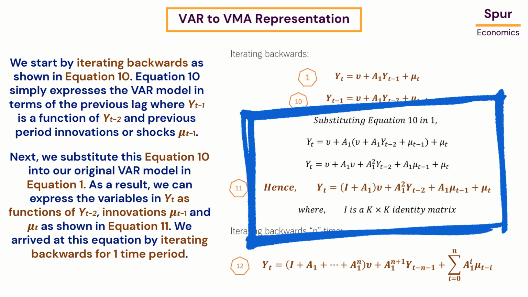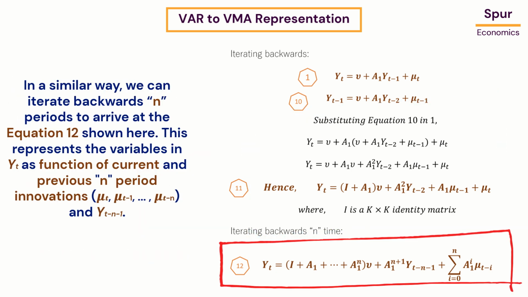As a result, we can express the variables in yt as functions of yt-2, innovations mu-t-1 and mu-t as shown in equation 11. We arrived at this equation by iterating backwards for one time period. In a similar way, we can iterate backwards n periods to arrive at equation 12 shown here. This represents the variables in yt as a function of current and previous n period innovations and yt-n-1.